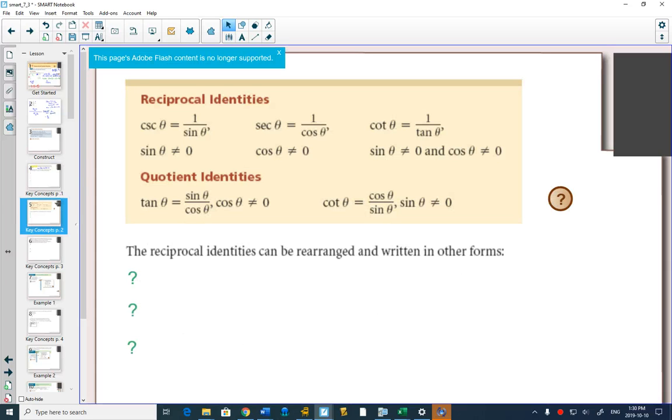We've also learned from our previous chapter that the definition of cosecant is 1 over sine. The definition of secant is 1 over cos. Cotangent's 1 over tan. Tan is sine over cos, so that makes cotangent cos over sine. And all of these, because they're always true, means that they're identities.